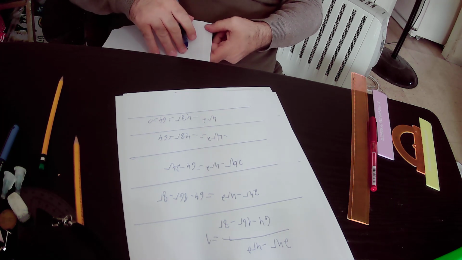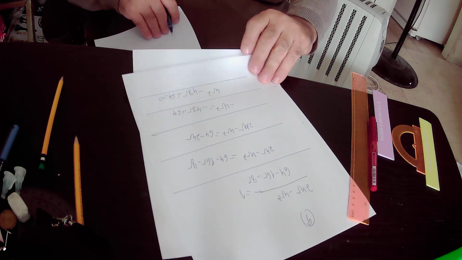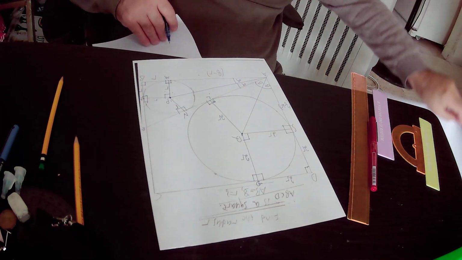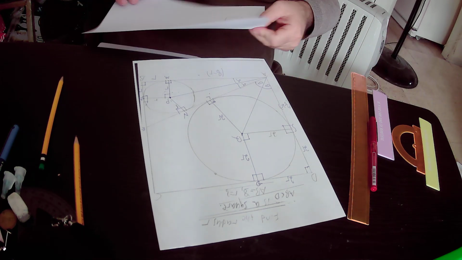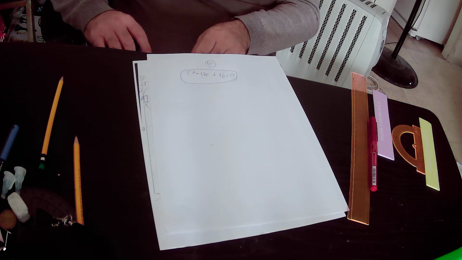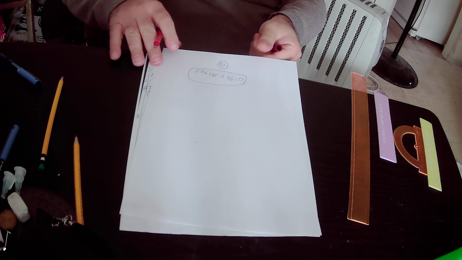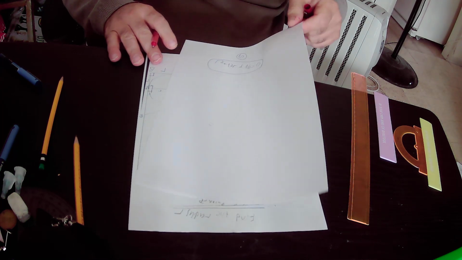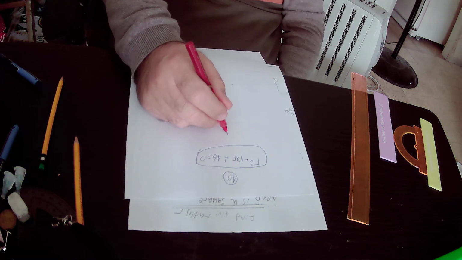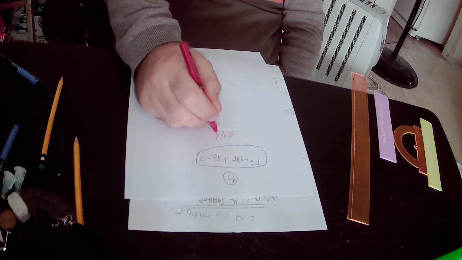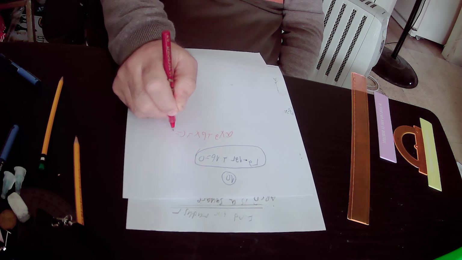So we actually got this quadratic equation, and we know that the general formula for a quadratic equation is ax squared plus bx plus c equals 0.